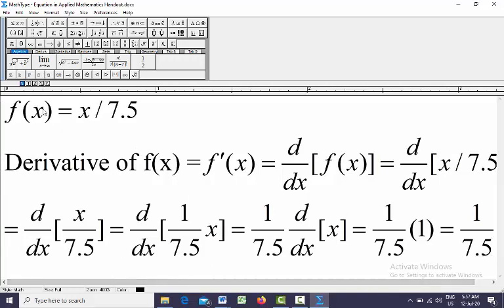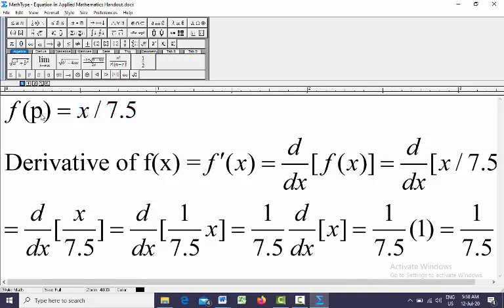So now suppose the variable is changed. Let's see, now suppose the variable is p, and the function is x by 7.5. In that case, what will be the answer of this?